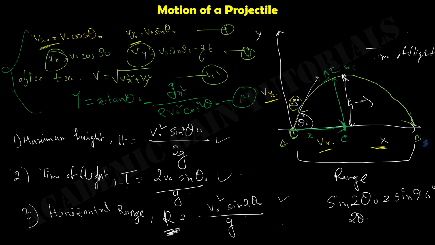From that we find that theta naught will be 45 degrees. So when a disc thrower or javelin thrower throws their disc or javelin, they have to throw it at an angle of 45 degrees so that they can get their maximum range. This is one of the important things we have to remember.